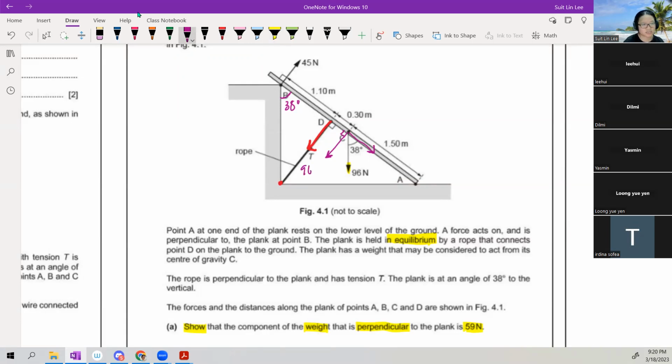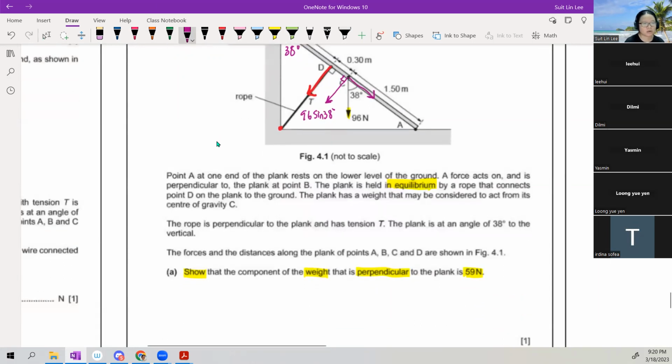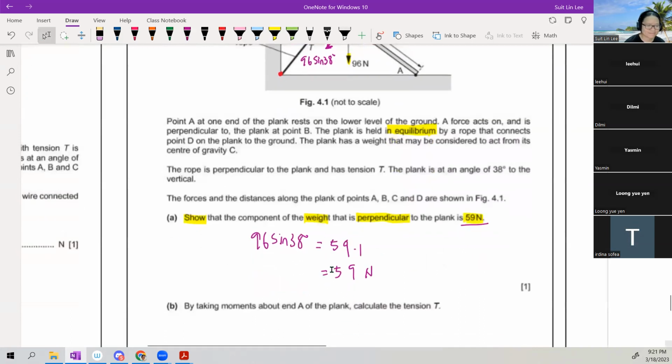So this is 96 sine 38. Because this is probably just 1 mark, I will just write 96 sine 38. Just press my calculator to check that it is 59.1. So it's 59. It's okay to leave your answer the same as they ask.